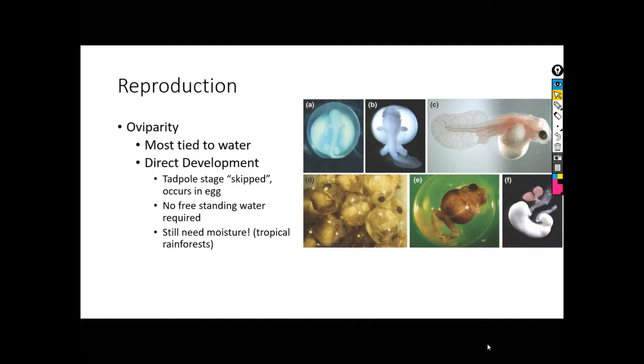So one way we can get around this is called direct development. So I'm still oviparous, right? I'm still in an egg, okay? But the key for the most part is I'm going to skip the fishy tadpole stage. And I'm not actually skipping it, right?